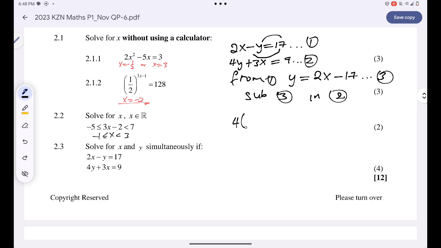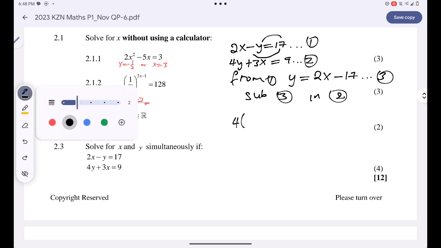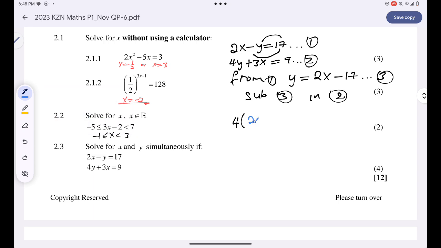So I'll have 4, the value of y is equal to 2x minus 17, plus 3x is equal to 9. And then now I have one unknown. I can simply solve for x and then go and solve for y after solving x.